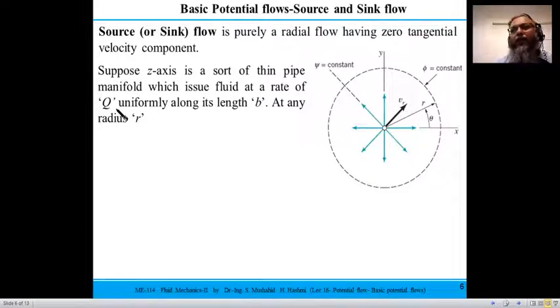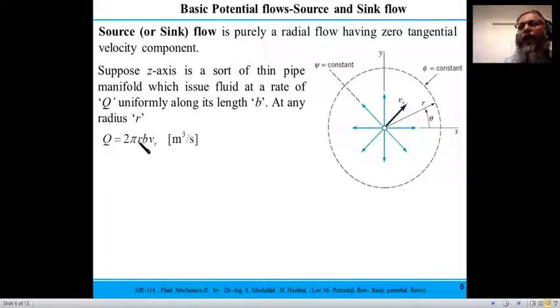Just assume that the flow coming out of this pipe manifold, whose length is b, has a volume flow rate q. So at any radius r, we can calculate the volume flow rate. As you know, you multiply area with velocity to get the volume flow rate.